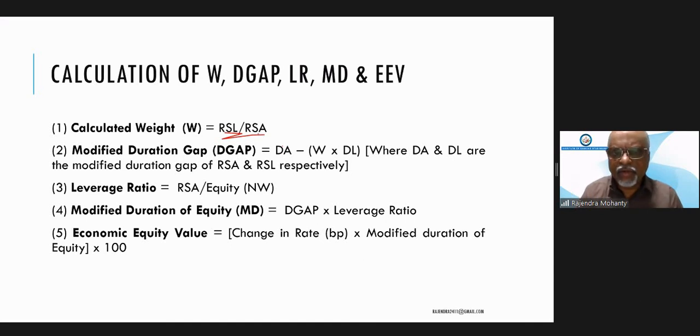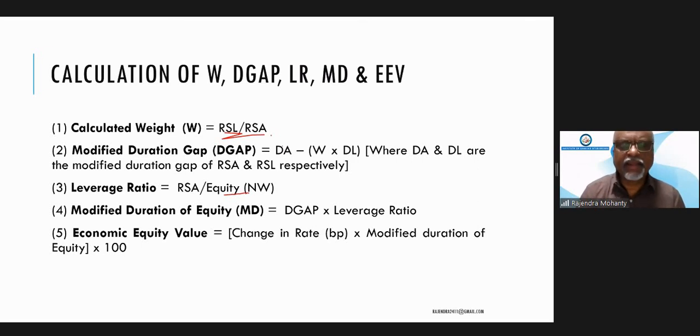So four figures are given. Then you will also be given the net worth or equity or the capital held by the bank. It can be net worth, equity, or it can be shown as capital. If you have these figures, then you have to calculate the first one, called the calculated weight. The calculated weight formula is RSL divided by RSA.